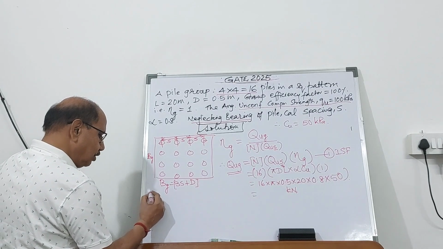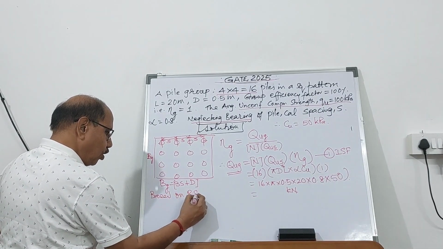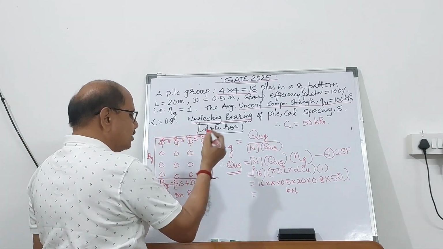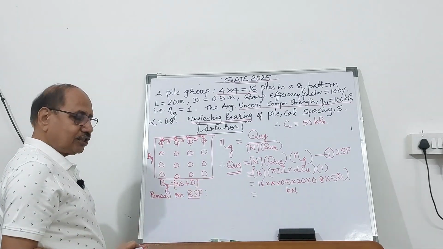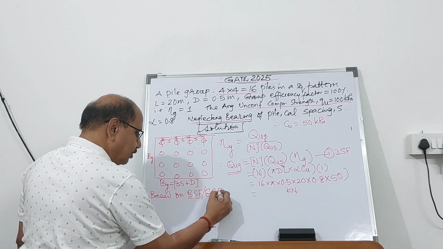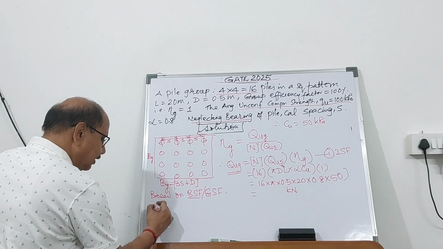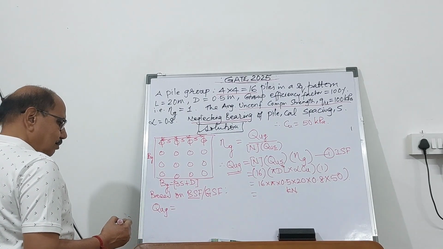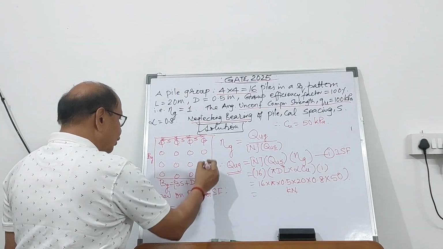Now, based on block shear failure, when this pile group is going to fail as one single unit, it is called group shear failure or block shear failure. So based on block shear failure or group shear failure, the formula for QUG, the ultimate load carrying capacity of the pile group, will depend on what is the value of BG.